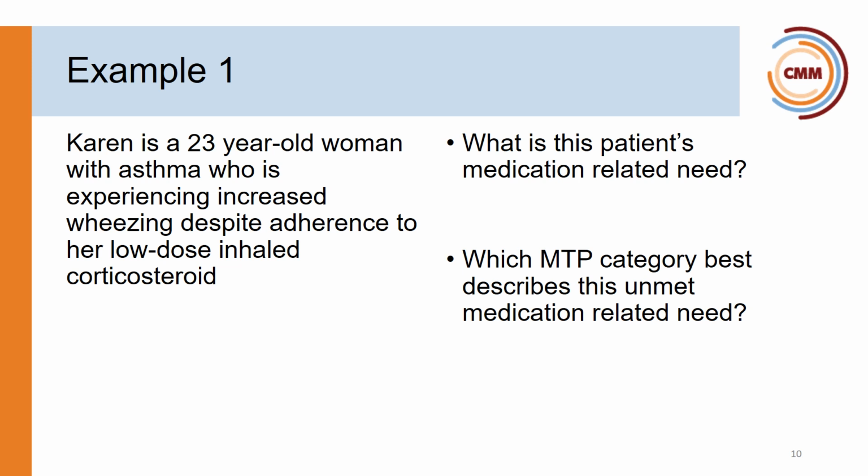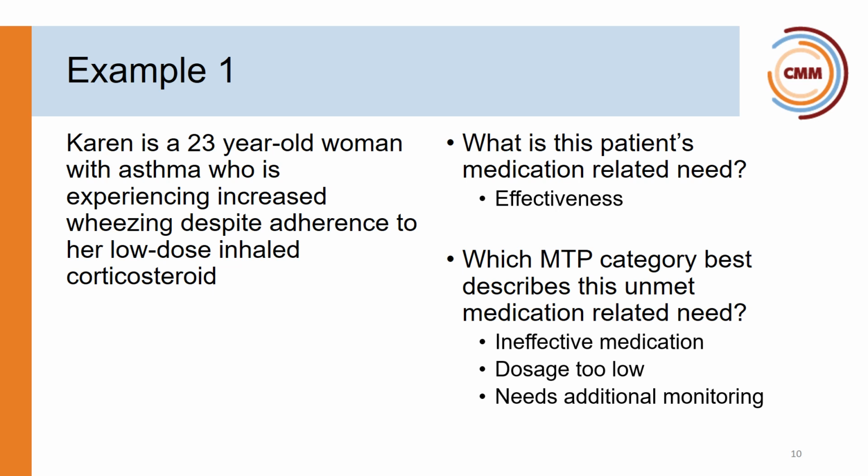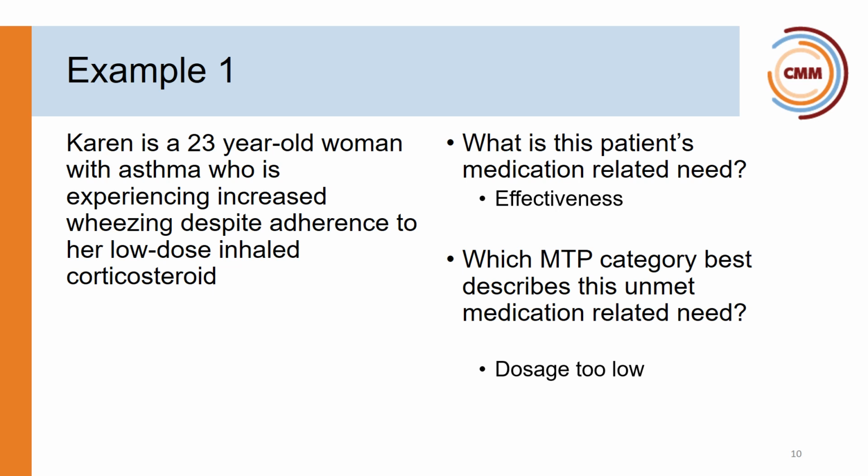This patient's medication-related need is effectiveness. The MTP categories for effectiveness are ineffective medication, dosage too low, and needs additional monitoring. So the medication therapy problem category that best describes this unmet medication-related need would be dosage too low.